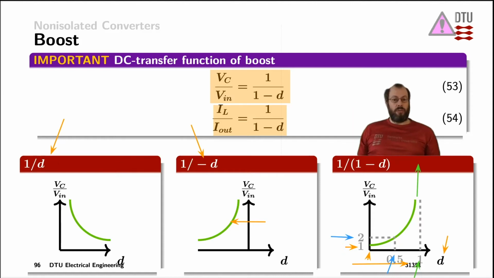Practically, this transfer function describes the operation of a boost converter up to a duty cycle of around 0.7 pretty well. After the 70% duty cycle, so up here in this area, the assumptions we made are rather limiting.